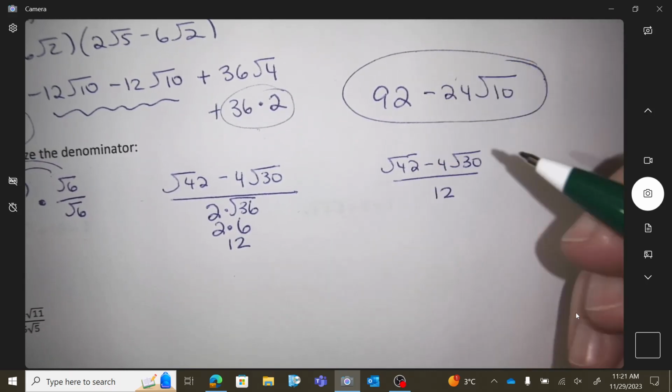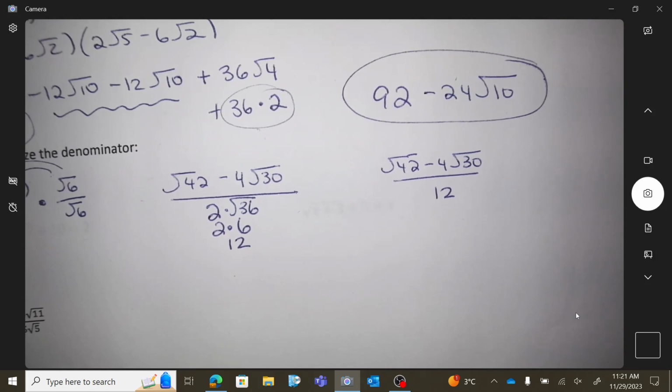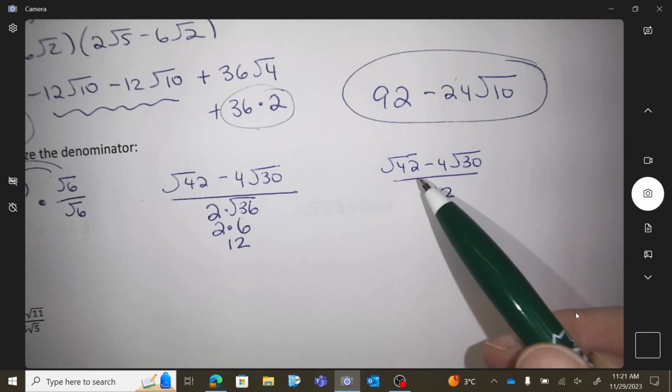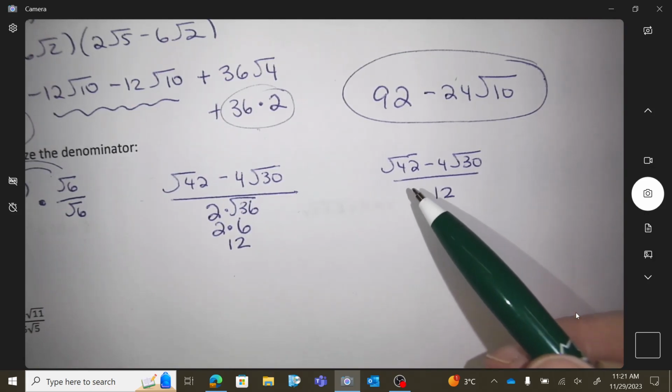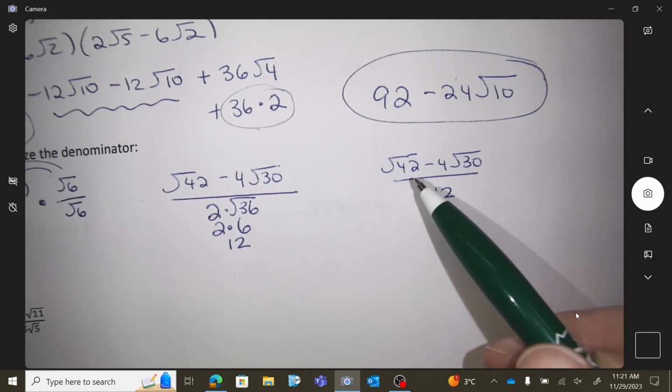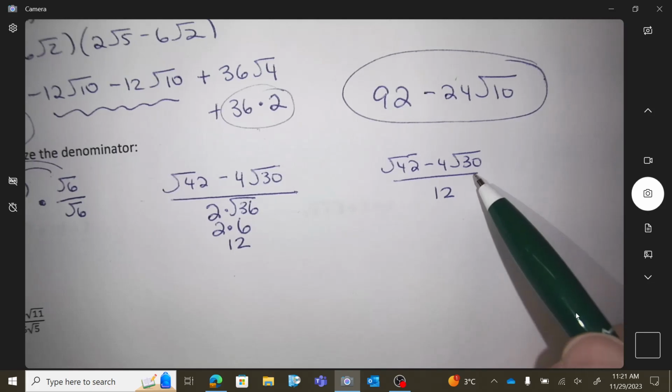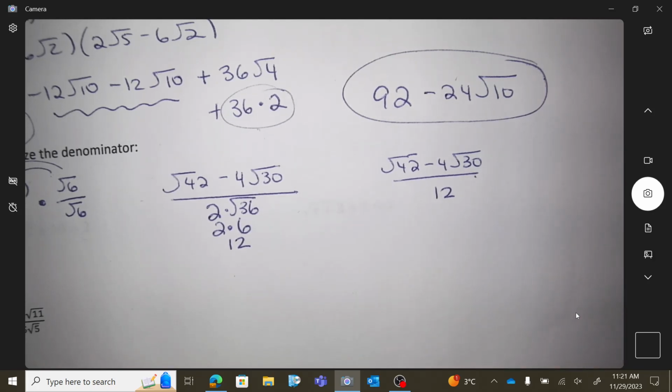Okay, so on your test, if you're simplifying, we need to make sure that our radicals are just done. Does 42 divide by 4, 9, 16, any of those special numbers? I don't think so. Can I divide 30 by any of the special numbers? 4, 9, 16? No. So then I'm done.